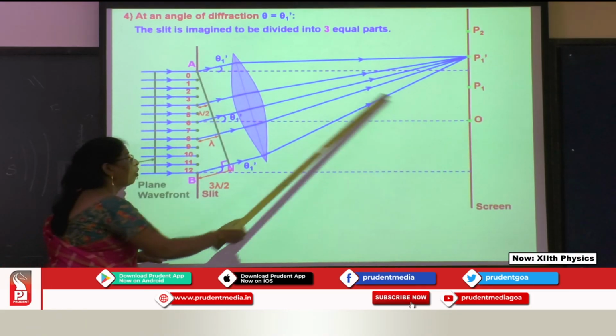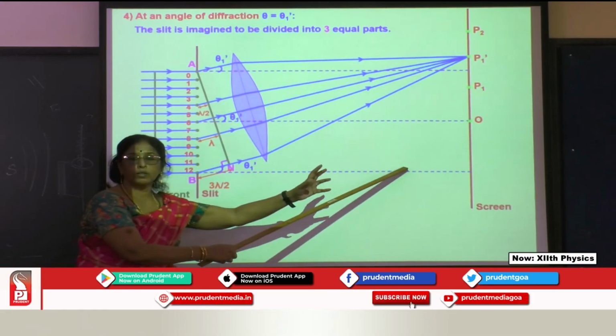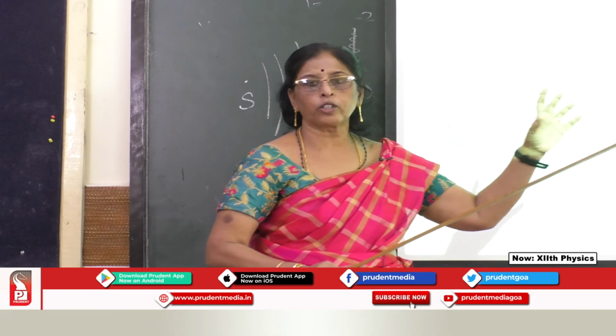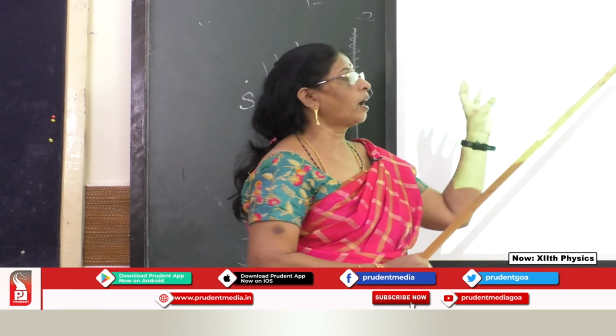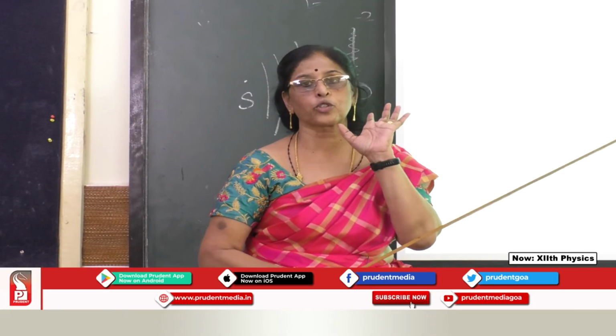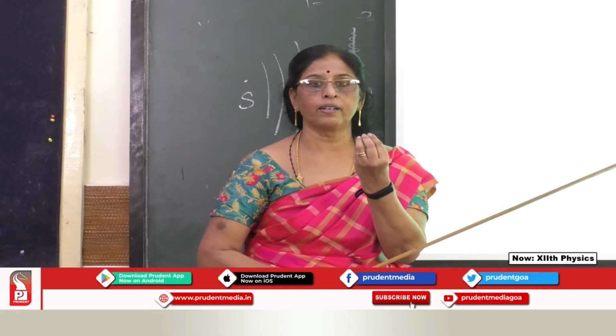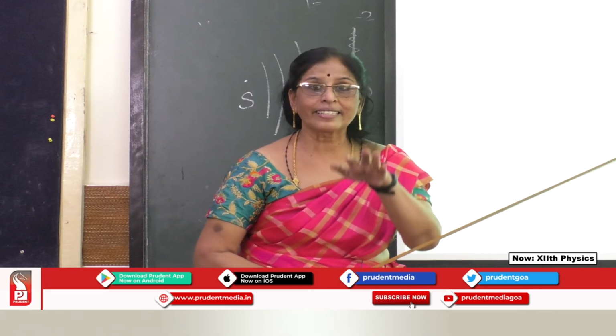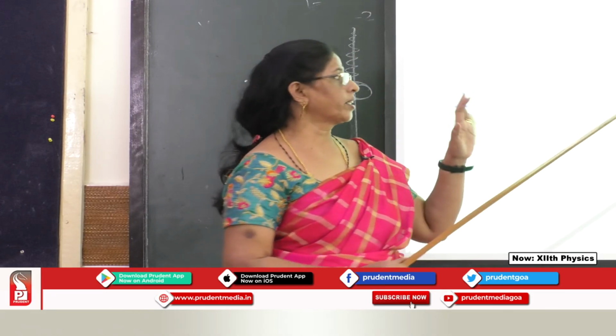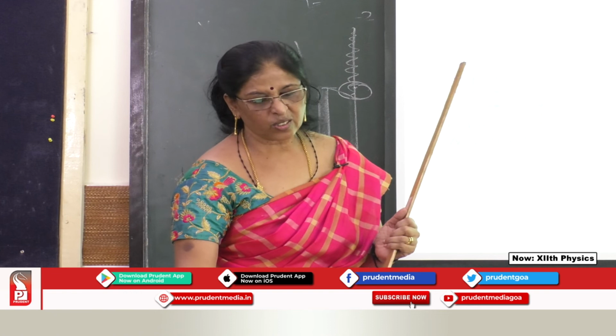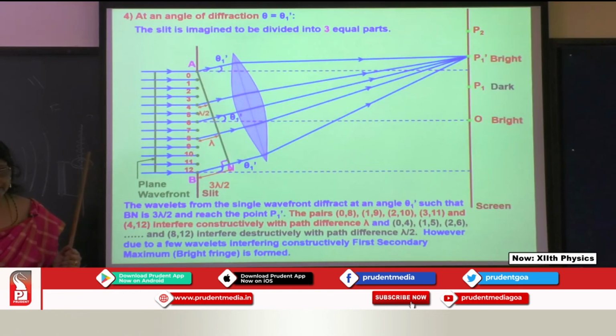When all 12 go to O, it gives a bright spot of 12 wavelets. But now only 1/3 of it is going, only 4 wavelets, so it becomes slightly dimmer. So the intensity decreases. Is it clear?